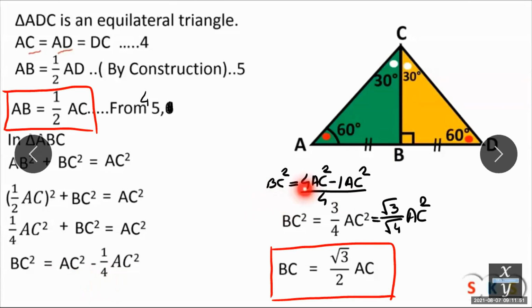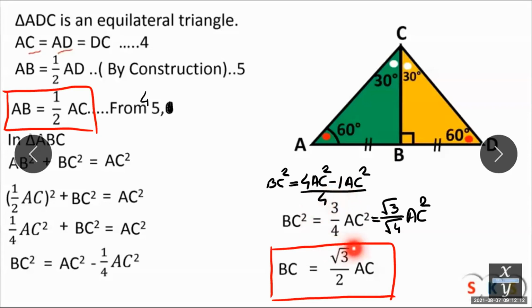Now do the subtraction: 4 minus 1 is 3, and the denominator is 4. So after subtraction, what you will get is 3 by 4 AC square.